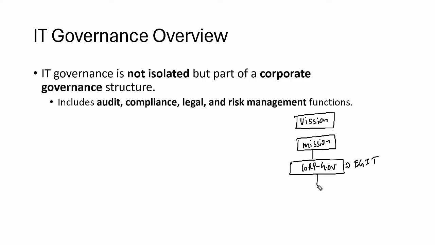Under the corporate governance we have a governance called IT governance, and under the IT governance we have information security governance. Corporate governance will be driven by the board and senior management. Let's take an example.